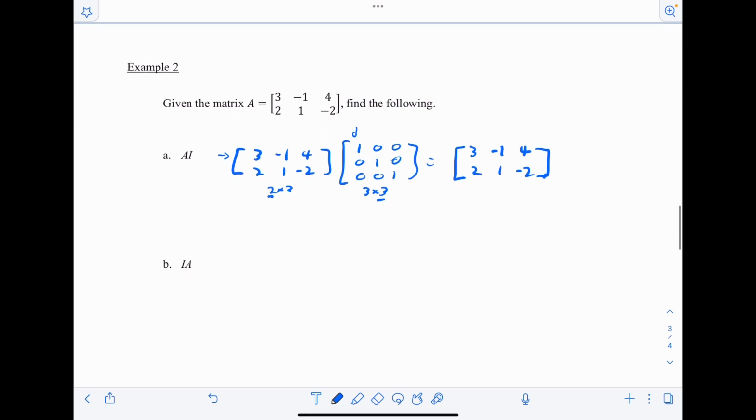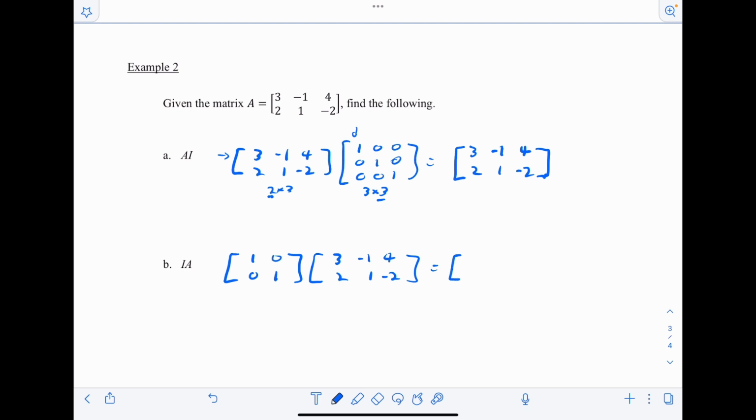So the question is, does it work the other way? Can I multiply by the identity matrix first and then the matrix A? So in this case, if I'm going to do the identity first, it needs to be a 2x2 multiplied by A. And so here, because I'm taking a 2 by 2 times a 2 by 3, I'll get a 2 by 3 in my final answer.